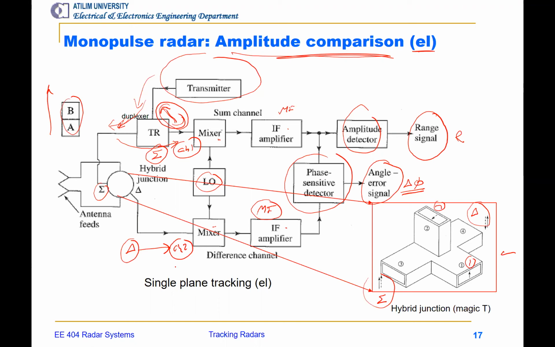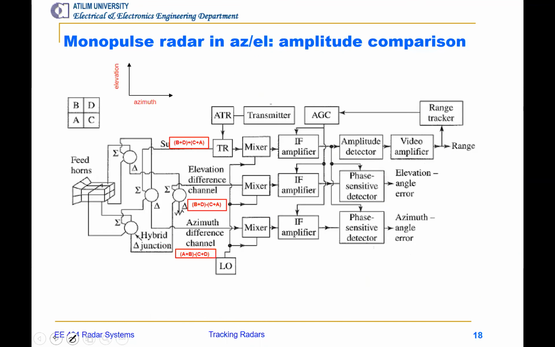Okay, this is single plane. When we extend this, if you put two more antennas here, let's say C and D, then we can cover azimuth too. So here is the three-dimensional, so two planes, monopulse radar.